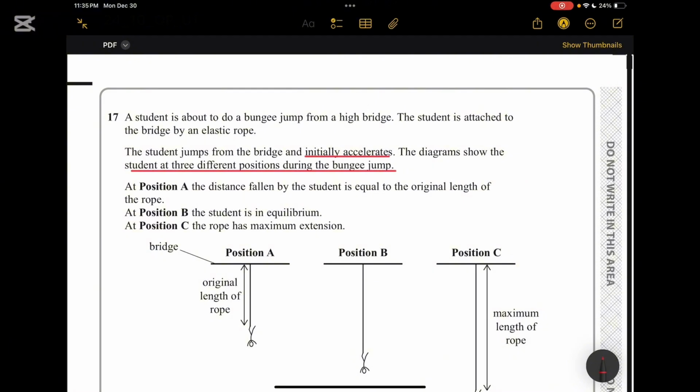And in position B, they have said the student is in equilibrium. When something is in equilibrium, the forces are balanced, and the two forces acting on this student are his weight and the tension force from the rope. So at B, the tension is equal to the weight.